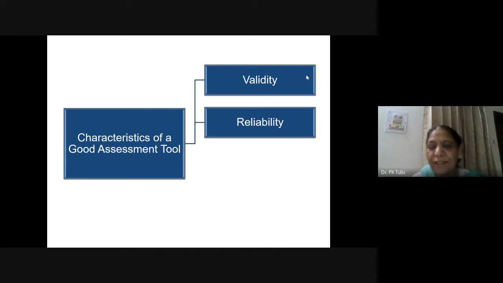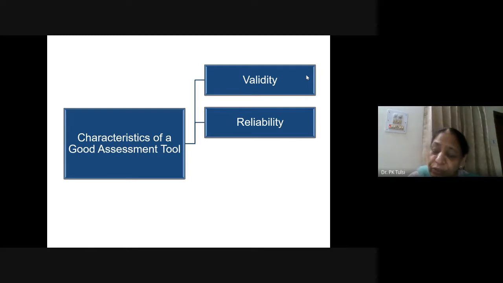Then comes reliability. Reliability, as might have been explained, refers to consistency of scores. So the more objectivity you can bring in scoring, the higher will be the reliability of your test. This may be in terms of intra-rater reliability or inter-rater reliability. When the same examiner examines the answer scripts again, there should be high correlation between the 2 sets of scores.